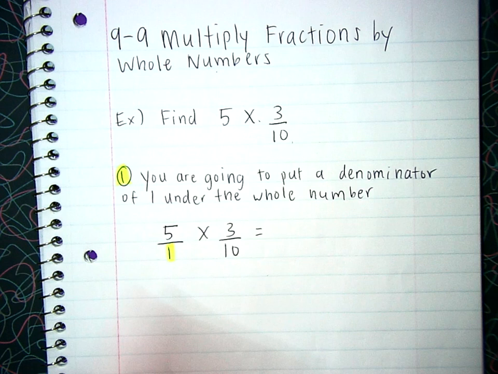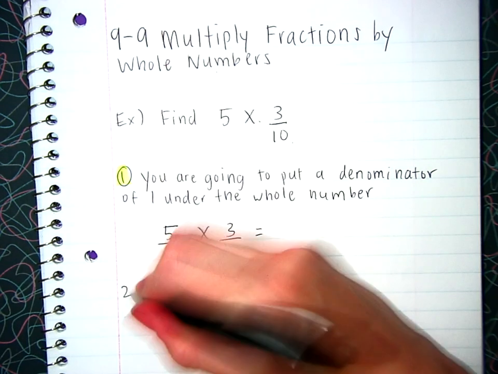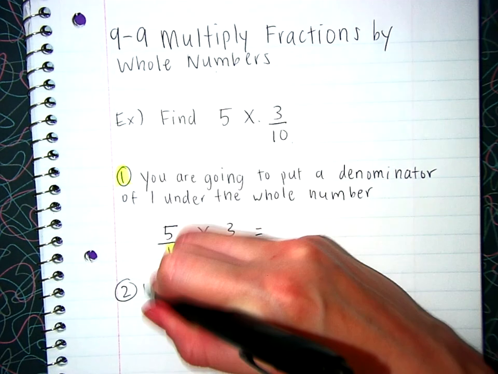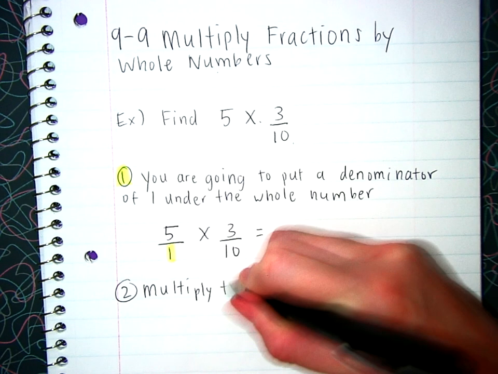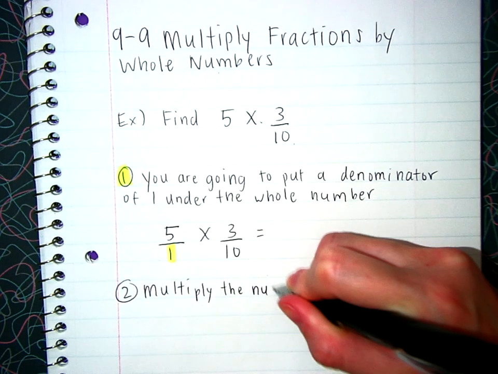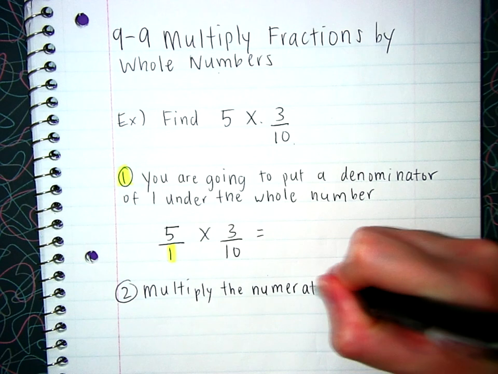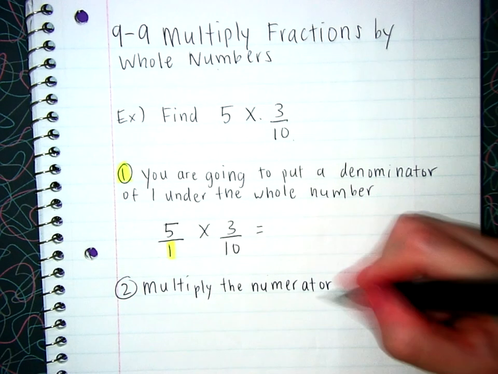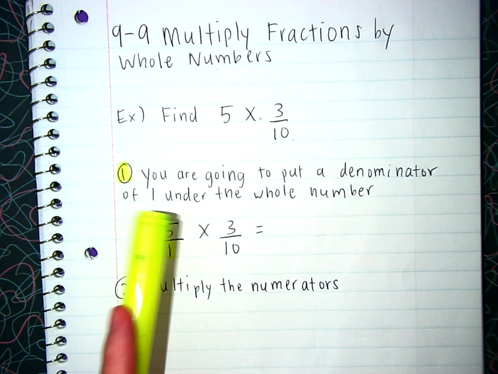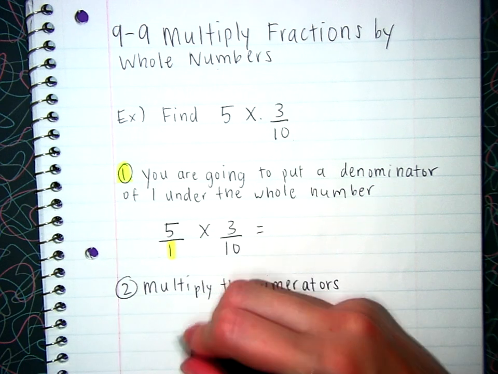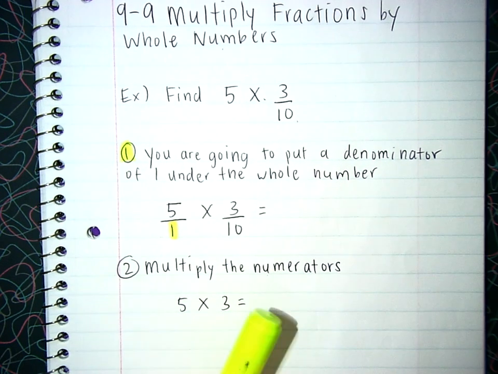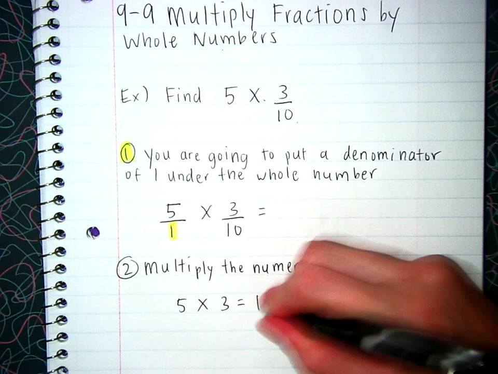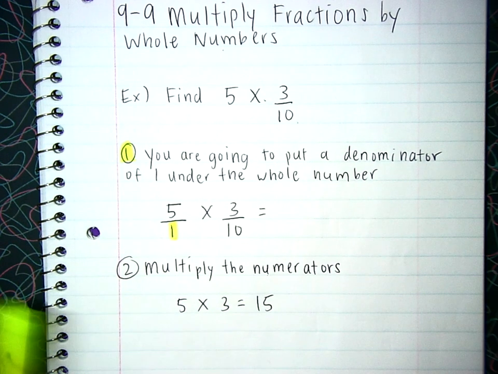Then, same thing. Now what you're going to do is multiply the numerators. So in this case, it's 5 times 3, so let's go ahead and do that. 5 times 3. Then you write what the product is, which is 15. So that's multiplying the numerators.